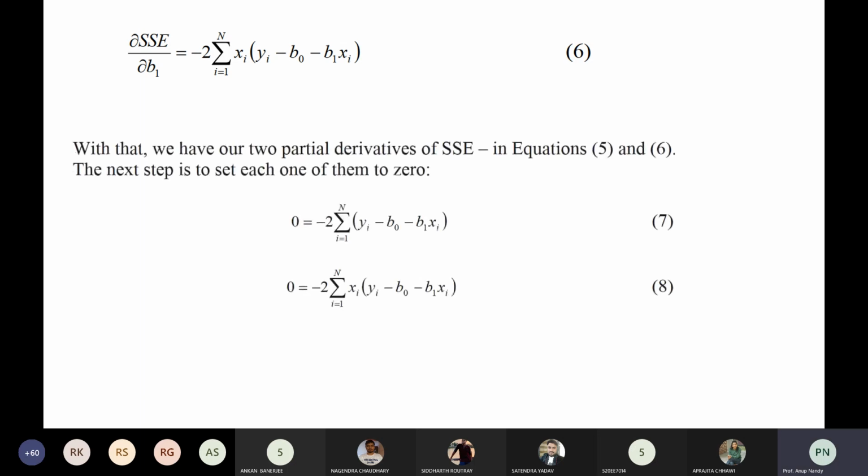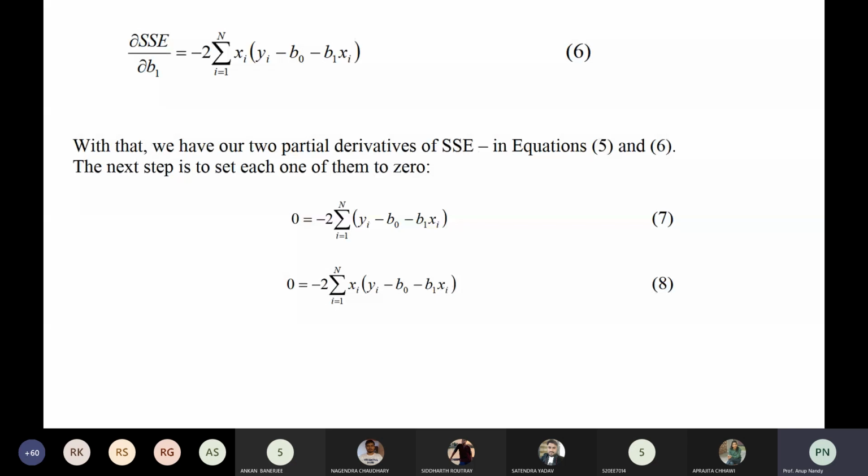Okay. Now with that we have our two partial derivatives of sum of square error, which is represented in equation number 5 and equation number 6. Now next step is to set each one of them to 0.